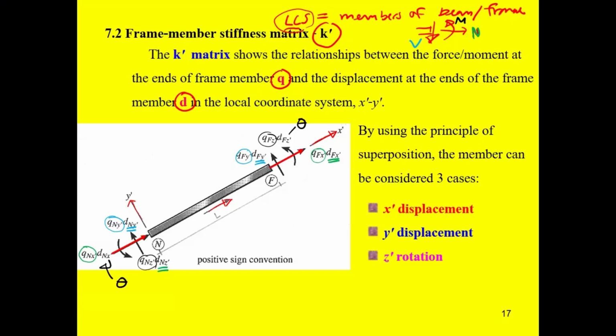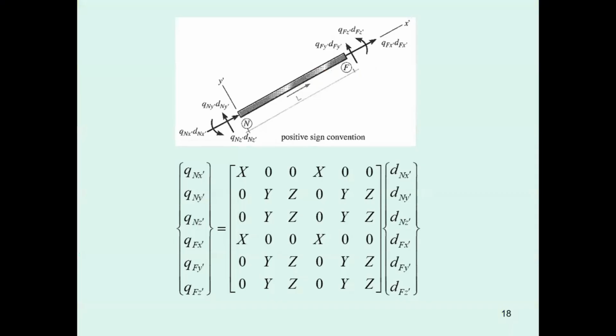For the axial force, that's going to be close to the truss. But for the shear force and bending moment, it's going to be new. Then we will have this as the k prime matrix relating the so-called member forces and moments to the member deformation.